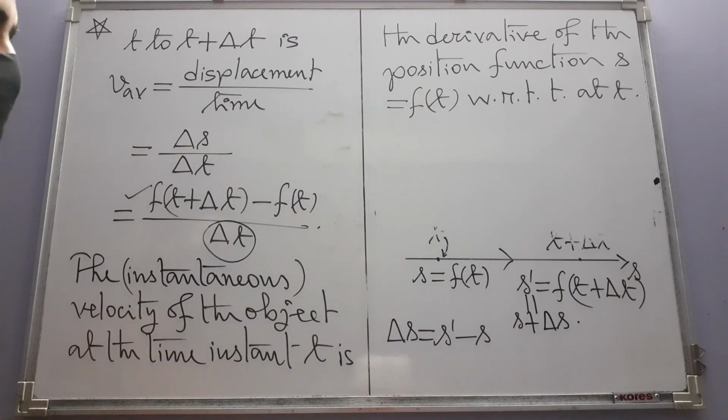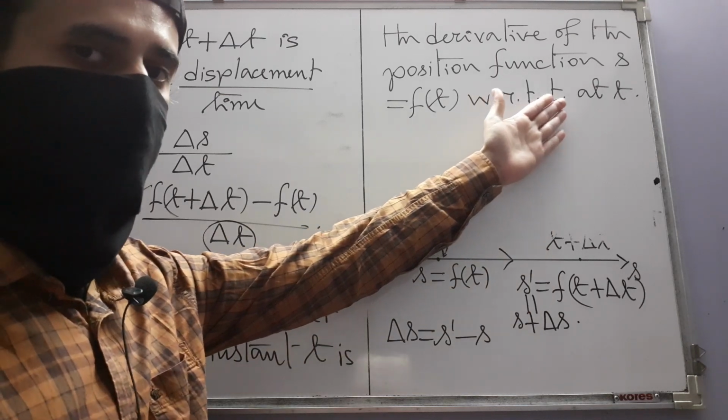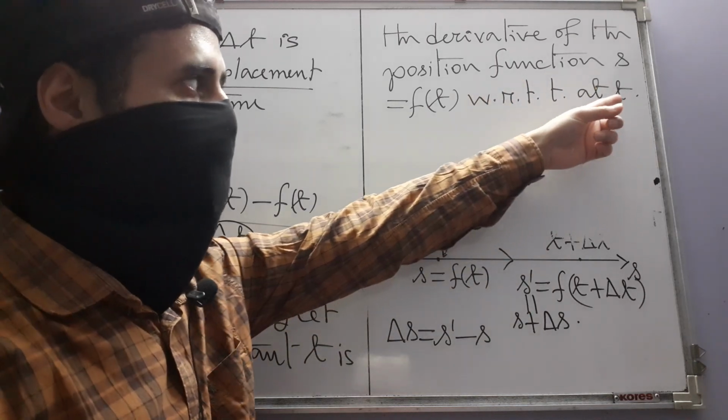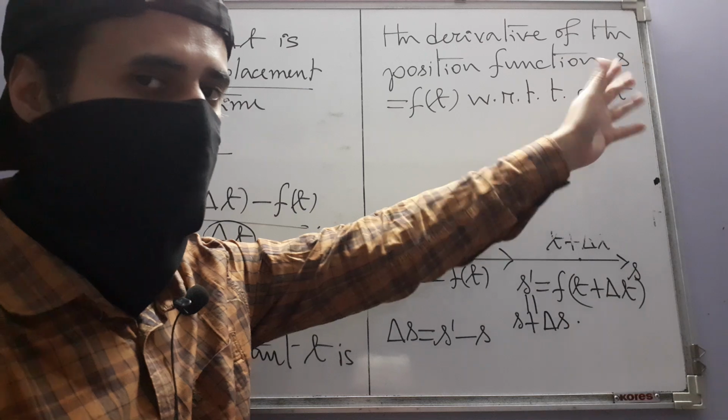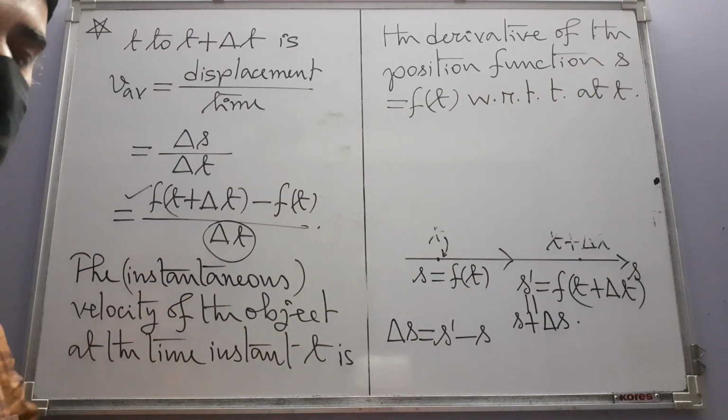With respect to t at t sounds a little confusing, because here t is a variable and that t is a constant. If you want, you can write something else here, t naught or something like that, but you get the point.